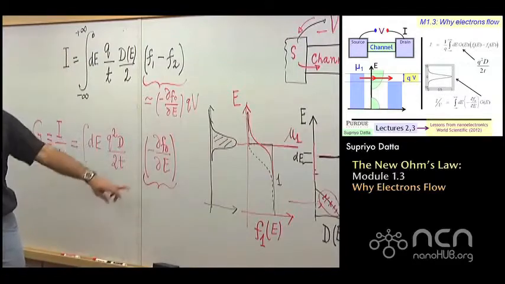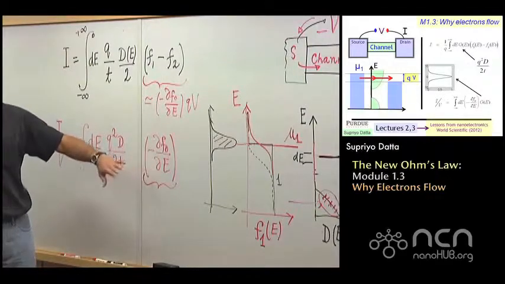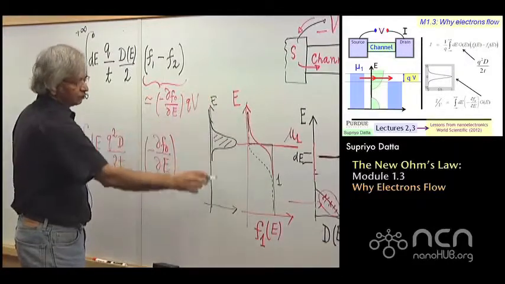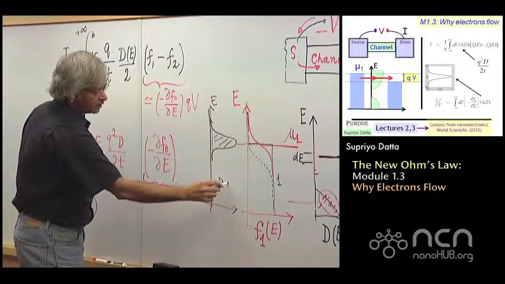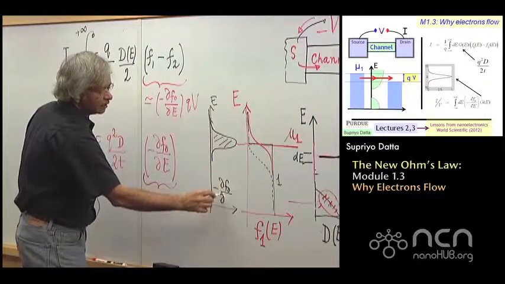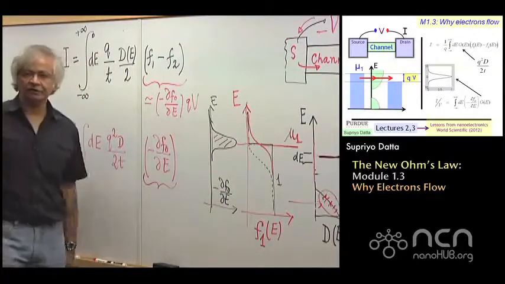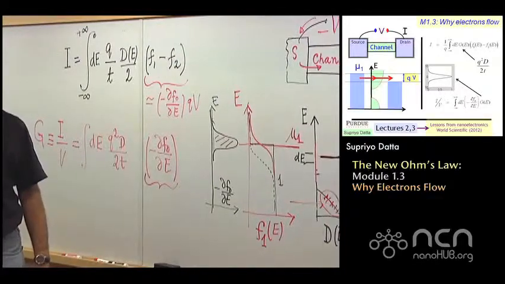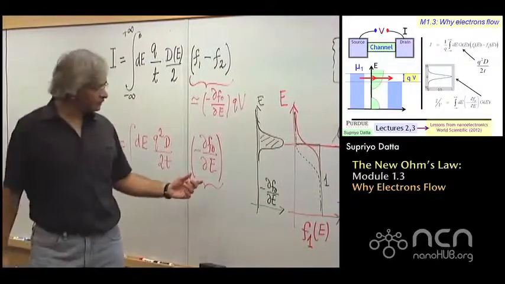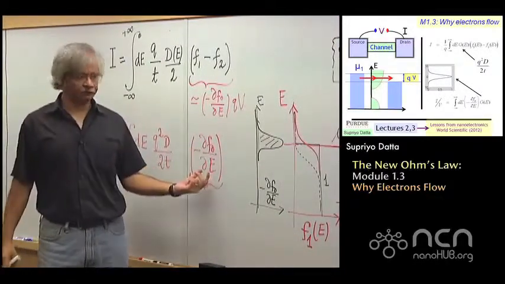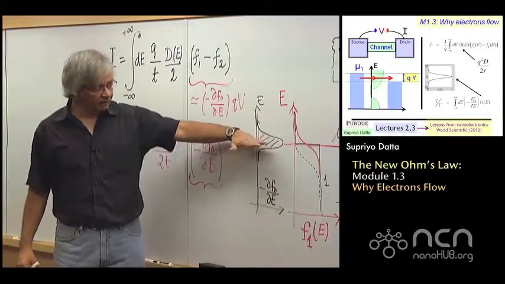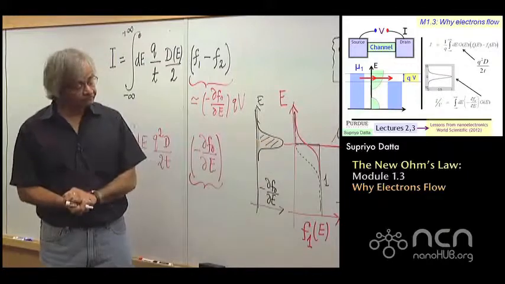And one important property of this function is that if I integrate it in energy, so what we are plotting here is minus del F0 del E, and that's an important function in its own right, in the sense that in the last module we talked about the Fermi function. This is the derivative of the Fermi function, which looks like something that's peaked right around the electrochemical potential.